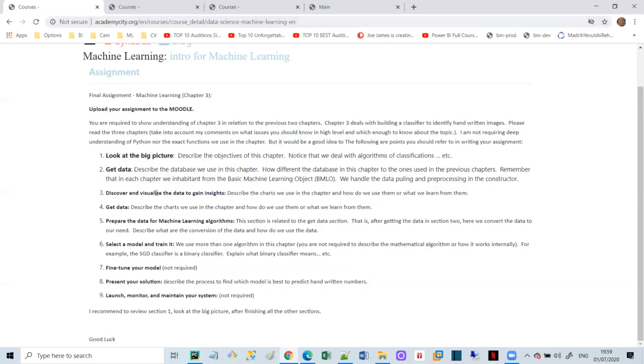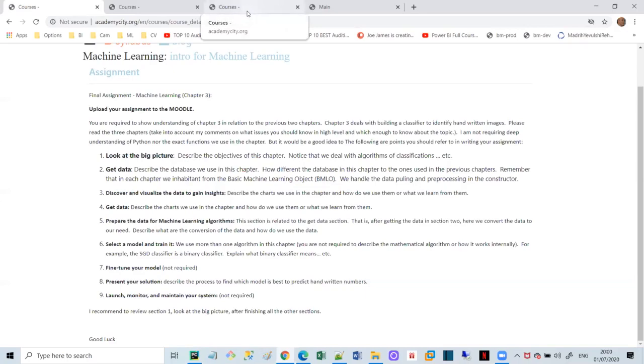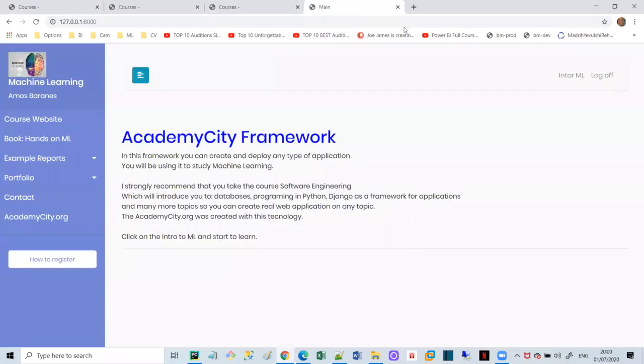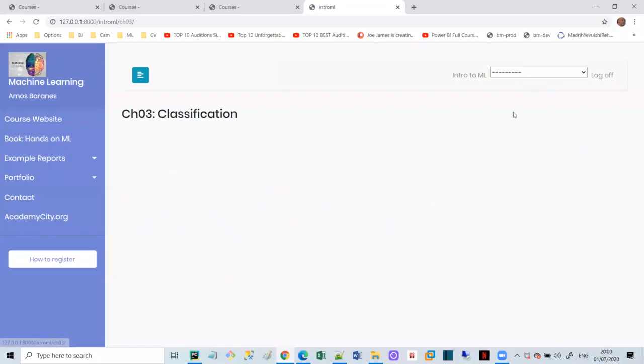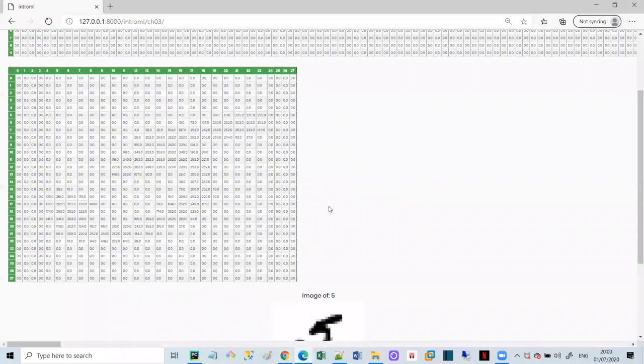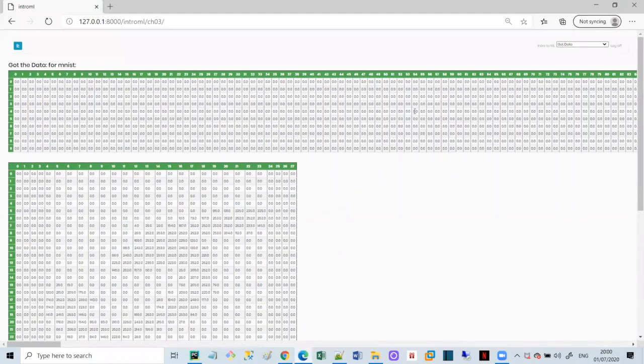For stage number 1, how do we prepare the data? First of all, it's very easy because we already have the data. We go back to here. We already have the data organized nicely here.